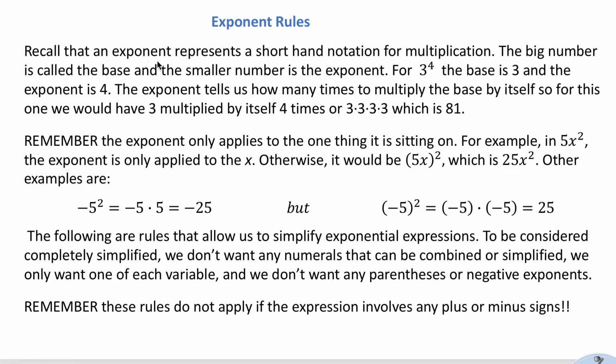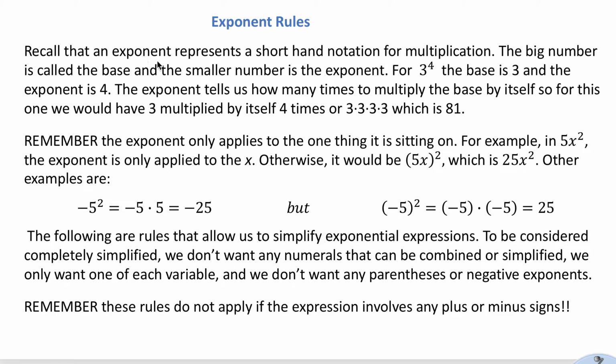Then, if it's on parentheses, it means everything in the parentheses gets multiplied times itself, so you'd have negative 5 times negative 5, which would then be positive 25. So on the next slide, we're going to have some rules that allow us to simplify some exponential expressions.